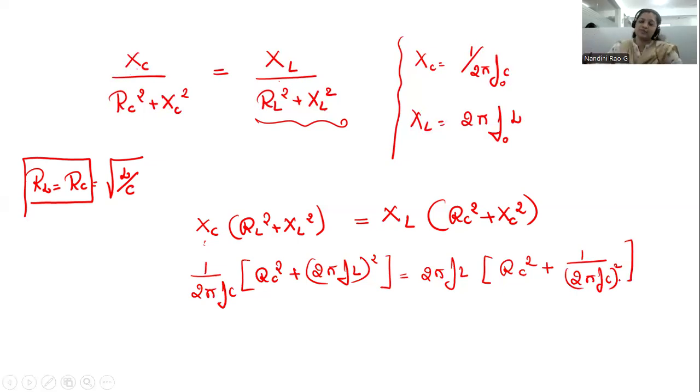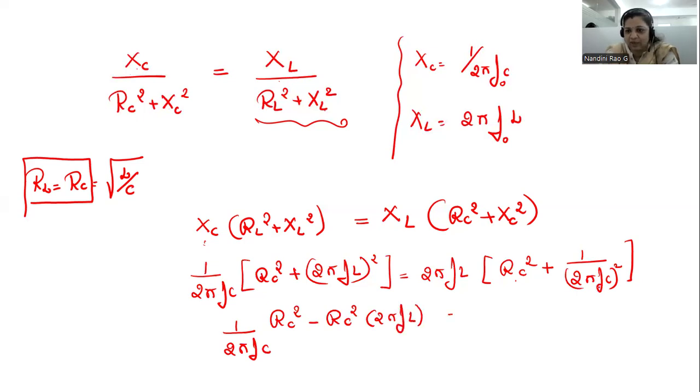Now you can take out the RC square terms together. What I'll be doing is bringing 1 by 2 pi FC times RC square here, minus RC square into 2 pi FL, equal to this multiplied by 2 pi FL.